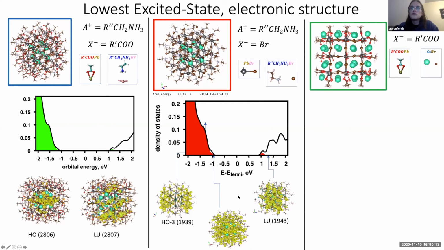The thing to say is that with the lowest excited state, the character of the orbitals remains the same. So there's not a very drastic change in the orbitals or the density of states. There's not very much moving around of the energy bands.